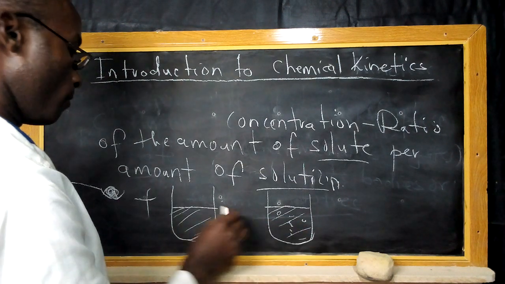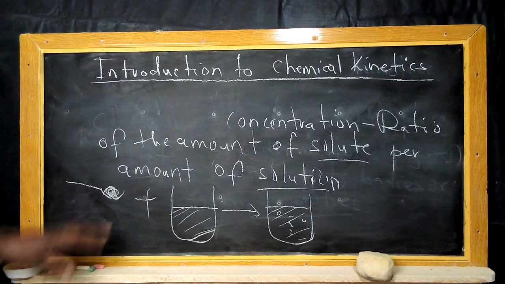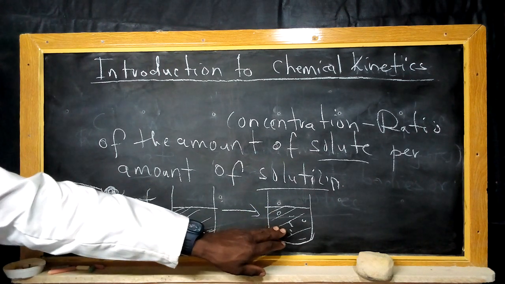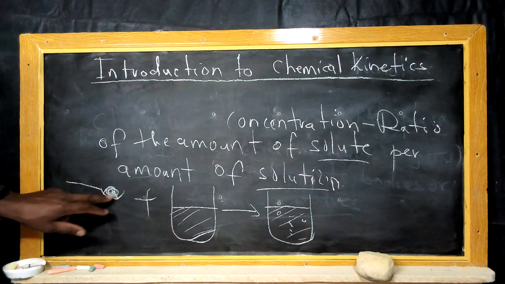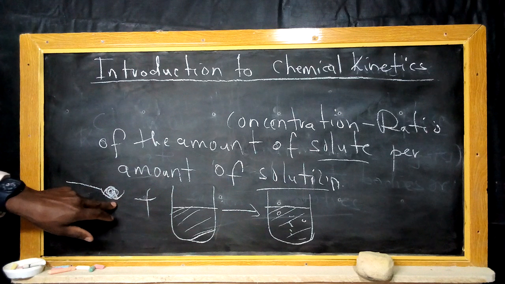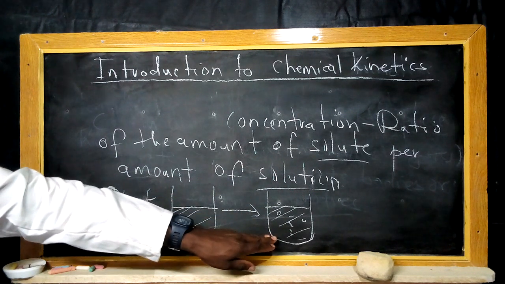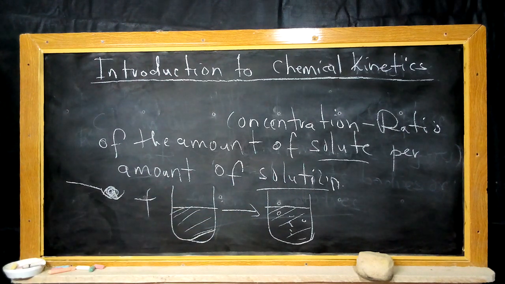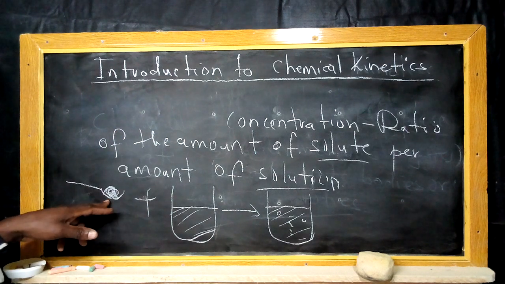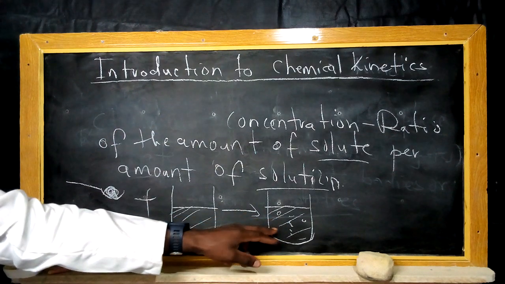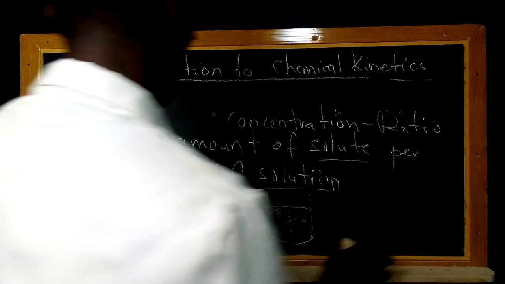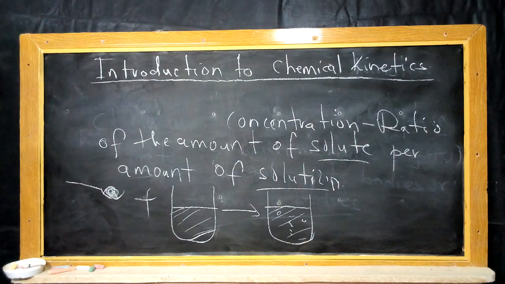So if I dissolve this salt inside this liquid, then I will come up with what we call a solution. So this salt will be referred to as a solute, and then this final product is referred to as a solution. So in actual sense, when we say about the concentration, it's the amount of this in this particular product that we are talking about. So in essence, that's a simple definition of concentration.